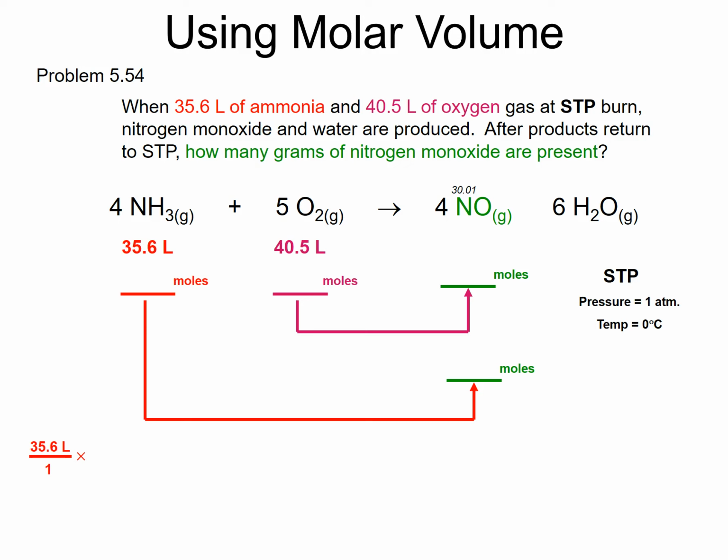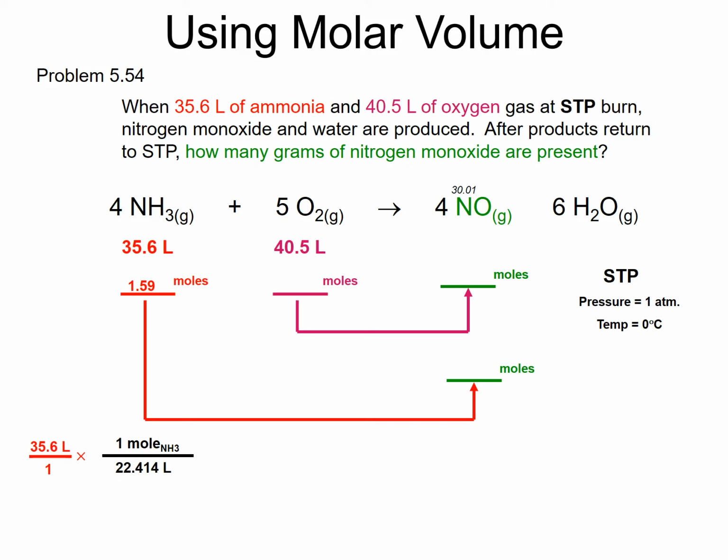So we know that the standard temperature and pressure requirements are being satisfied here. And so we can multiply by the conversion factor that relates the moles of ammonia to the liters of ammonia. And that's just the molar volume of the gas, 22.414 liters to 1 mole. This will, in effect, accomplish the conversion to moles.